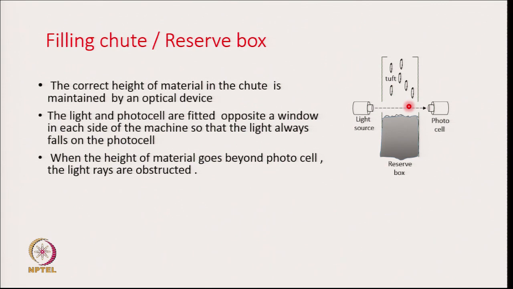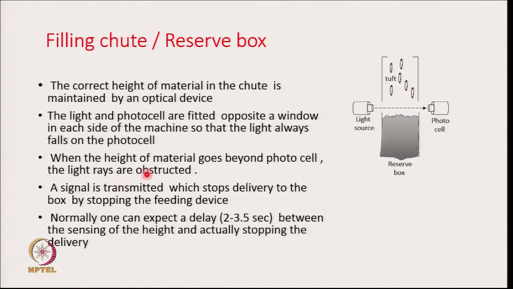This is how we place the light source and the photocell, and the light will always fall on the photocell unless it is obstructed by the column of material which is building up within the reserve box. When the height of the material goes beyond the photocell, the light rays are obstructed obviously, and that gives a signal that it is completely full. Obviously, the delivery to the reserve box is going to stop.